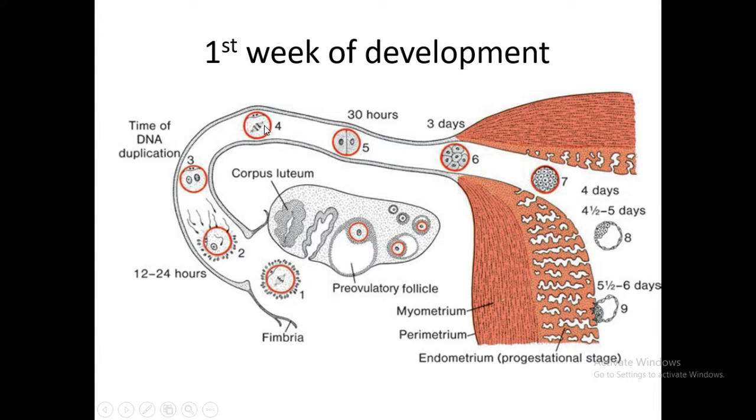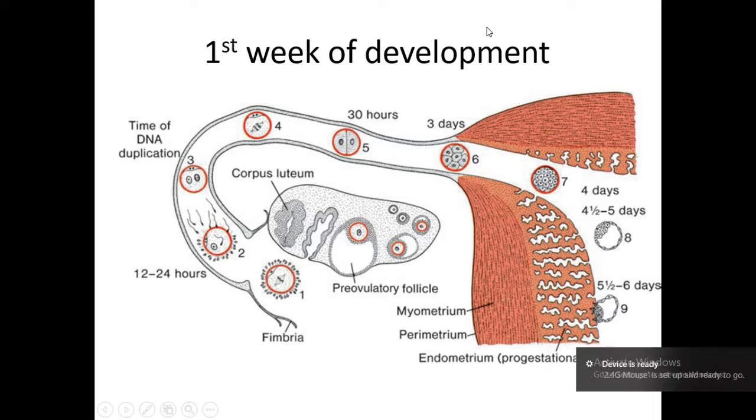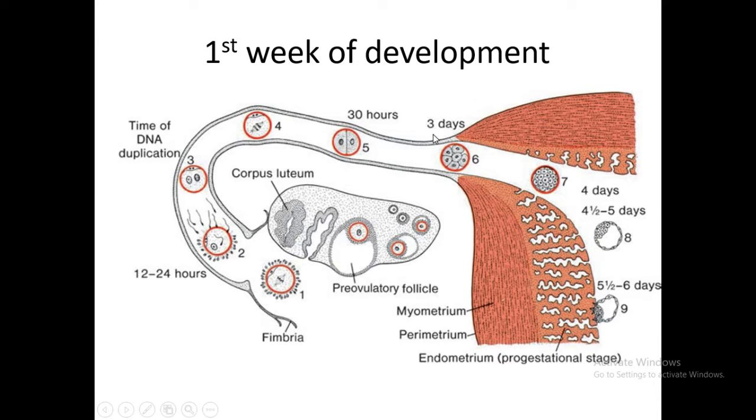After zygote formation, we know that there is cleavage division: this is the 2-cell stage of the zygote, the 4-cell stage, the 8-cell stage, and ultimately the morula formation on the 3rd day of intrauterine life. This morula ultimately enters the uterine cavity, and around the 5th day, the morula forms the blastocyst. The blastocyst is an important structure.